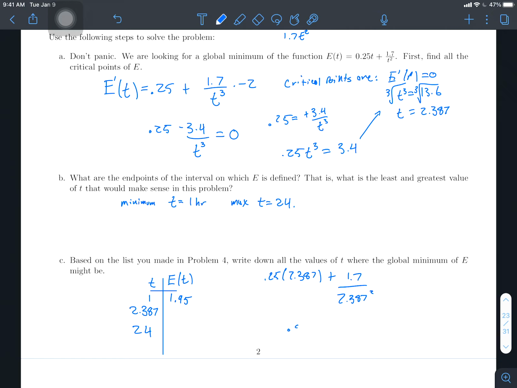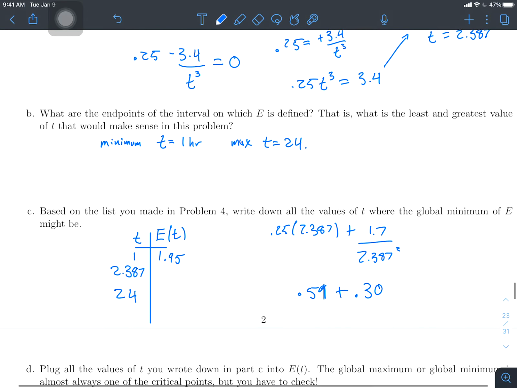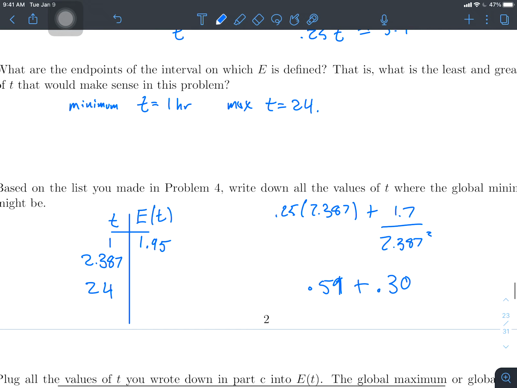We get, roughly speaking, 0.59 plus 1.7 divided by 2.387 squared, which is 0.30 actually. So okay, I take these numbers and I add them together and I get 0.89, right?